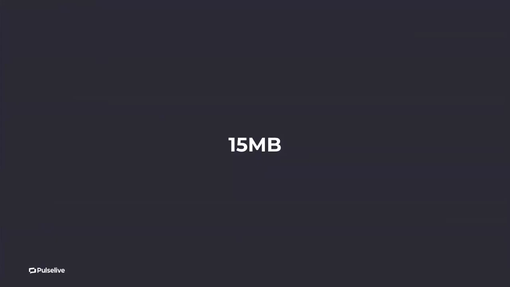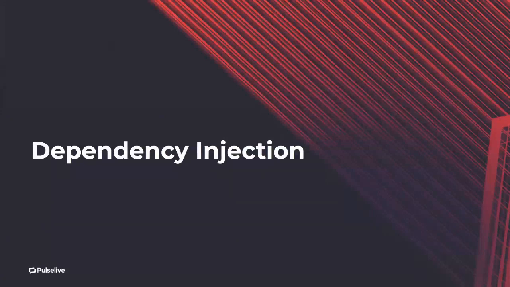I want to talk a little bit about dependency injection. It's a huge topic in the Android sphere at the moment. Using dynamic feature modules changes a little bit about how you need to handle dependency injection.